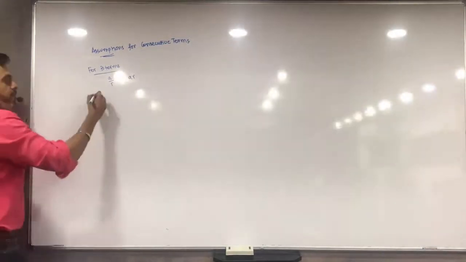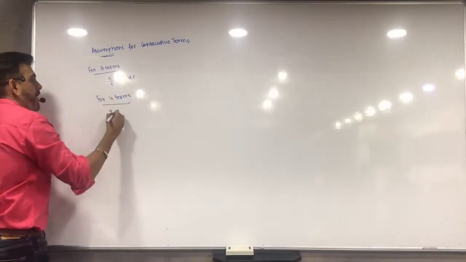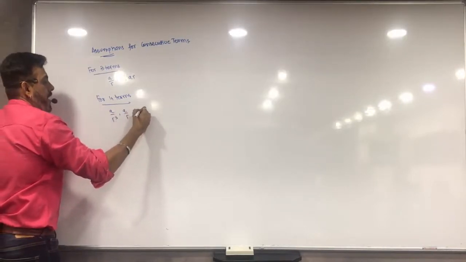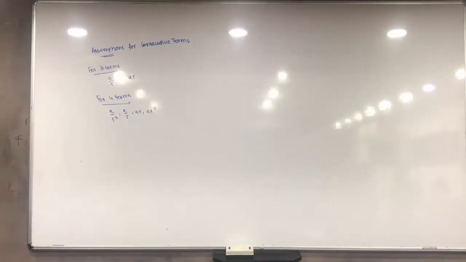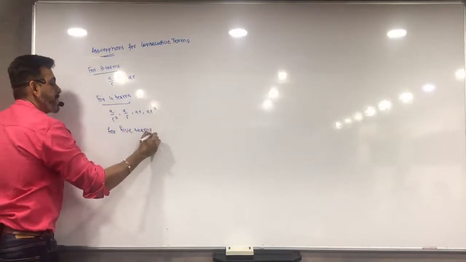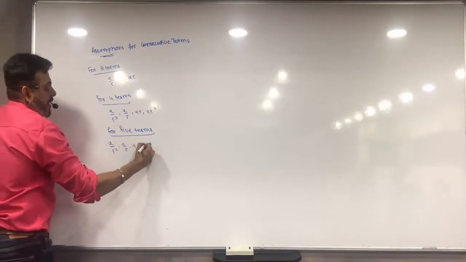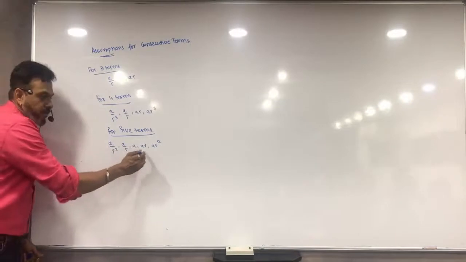Now for 4 terms: A upon R cube, A upon R, AR, AR cube. And for 5 terms: A upon R square, A upon R, A, AR and AR square. 5 terms: 1, 2, 3, 4, 5.